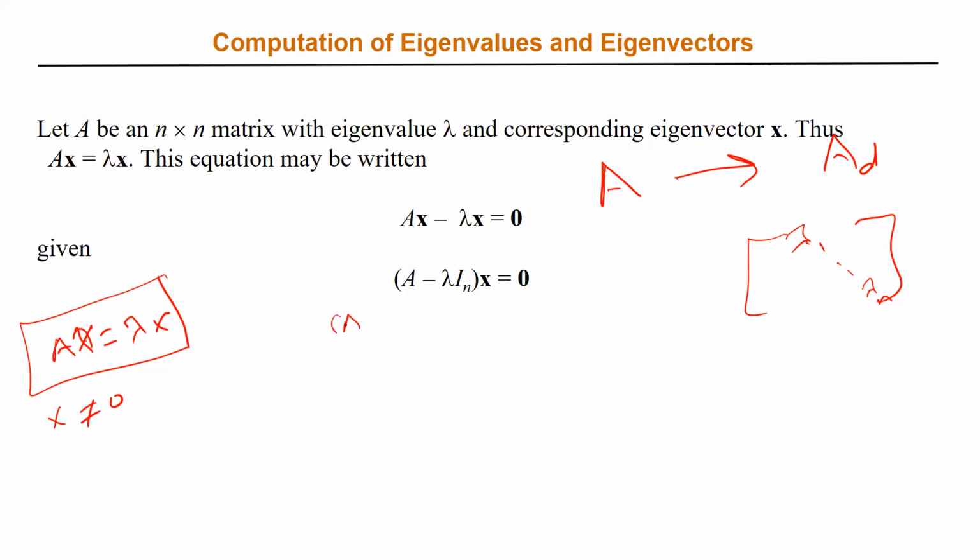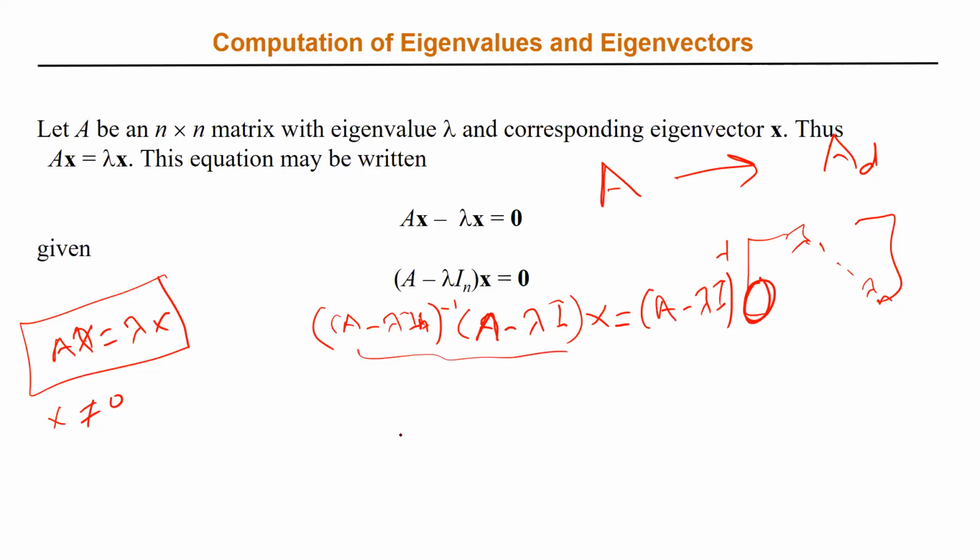Then I multiply by the inverse of A minus lambda I on both sides: the inverse times (A minus lambda I) X equals the inverse times 0. If this is invertible, what do you get? Identity times X equals 0, which is basically X equals 0.